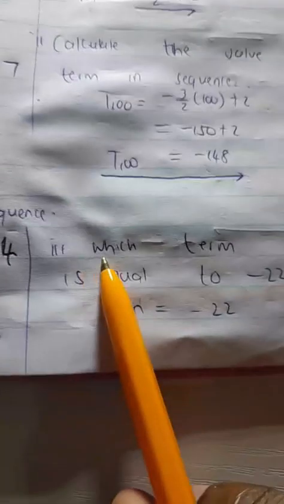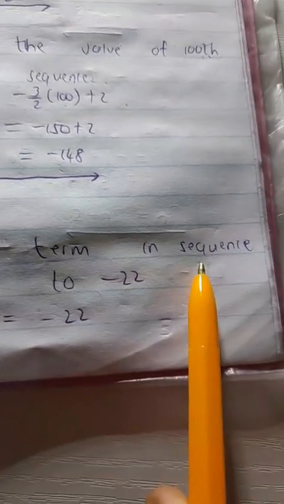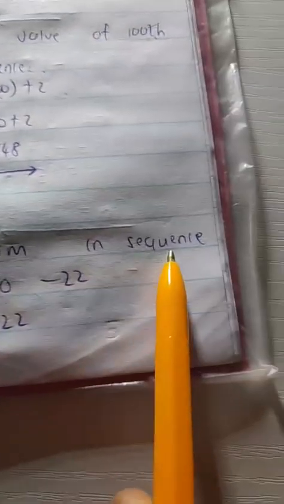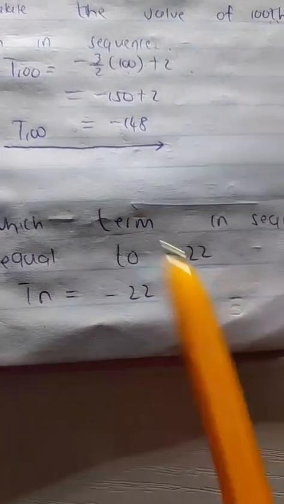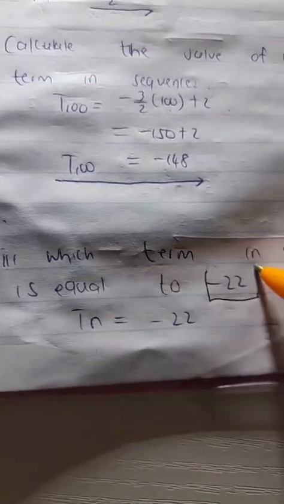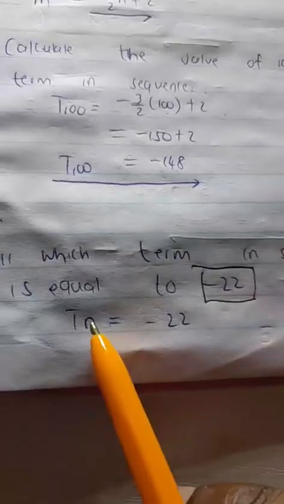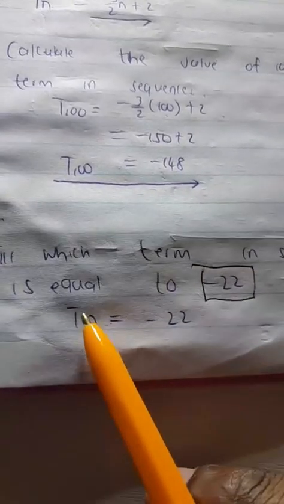Okay, and then the last question says, which term in the sequence is equal to negative 22? So this is the value of a term. Remember, we say Tn, we equate Tn to negative 22.